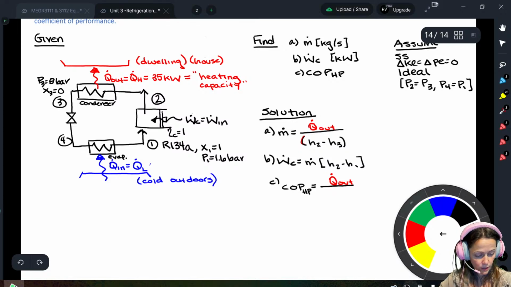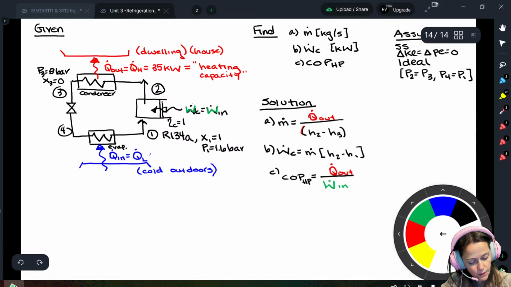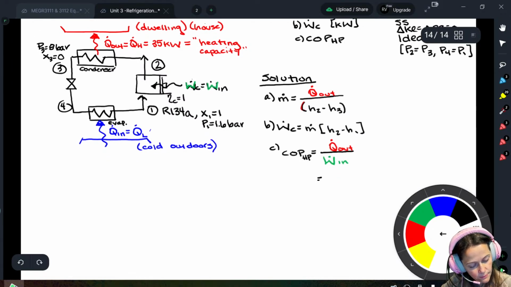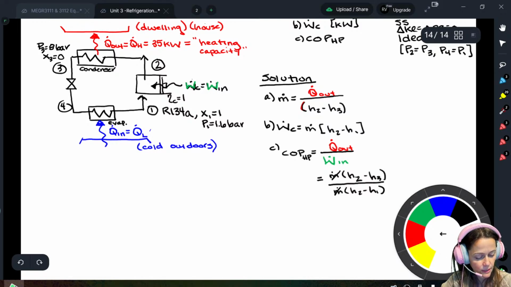And then we're interested in the W dot net in, which would just be the W dot C. And so I've got M dot times H2 minus H3 on the top, M dot times H2 minus H1 on the bottom, and those cancel out.